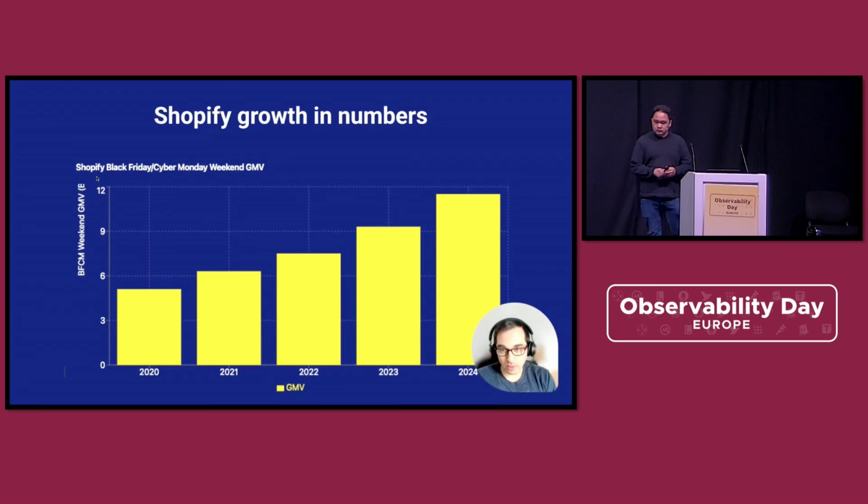And we see that this number has basically doubled between 2020 and 2024, which obviously puts a lot of strain on the platform as we have many more sales going through the platform, many more merchants, many more shoppers, which means that the infrastructure has to grow, has to be more resilient, which also means that observability has to be much more robust.